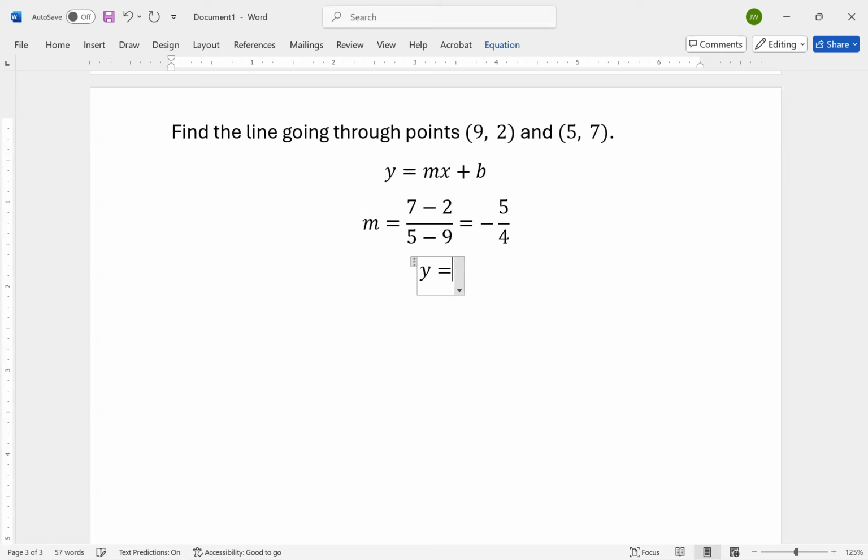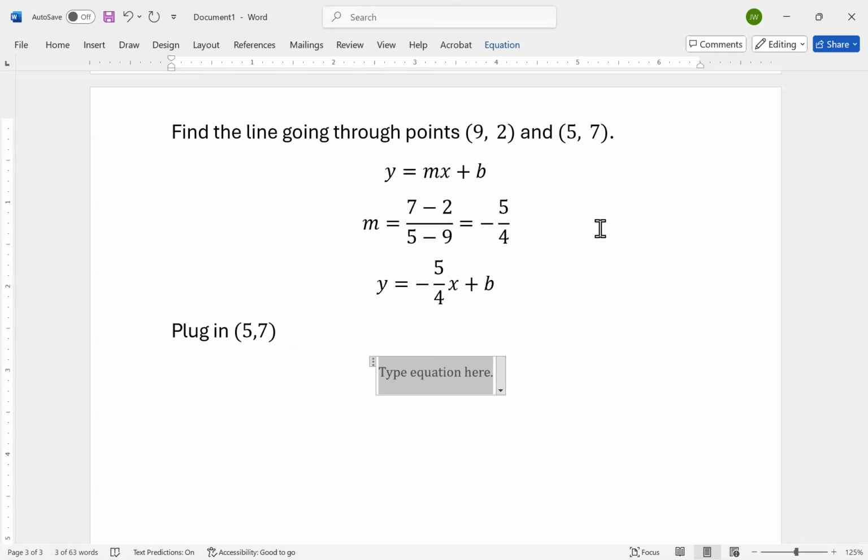Now I know my equation is going to be y is equal to -5/4 times x plus b. In order to find the b, I just need to plug in one of those points. I'm going to plug in the point 5, 7. You could have also plugged in the point 9, 2. Either way is perfectly fine.